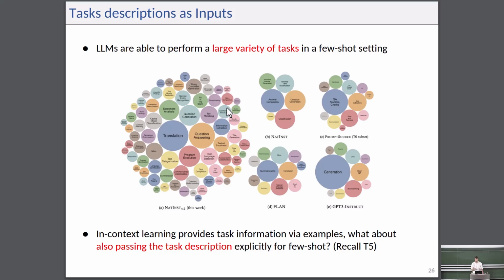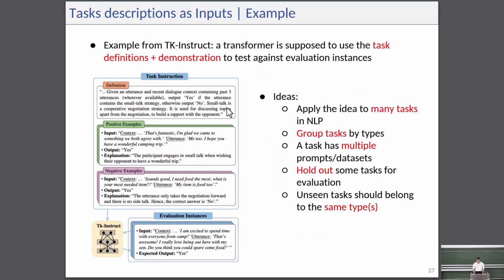What if instead we also say explicitly what the task is? So I don't say, the movie was beautiful, and then need to predict whether this was positive or negative sentiment, but rather, please classify the following sentence as either positive or negative.